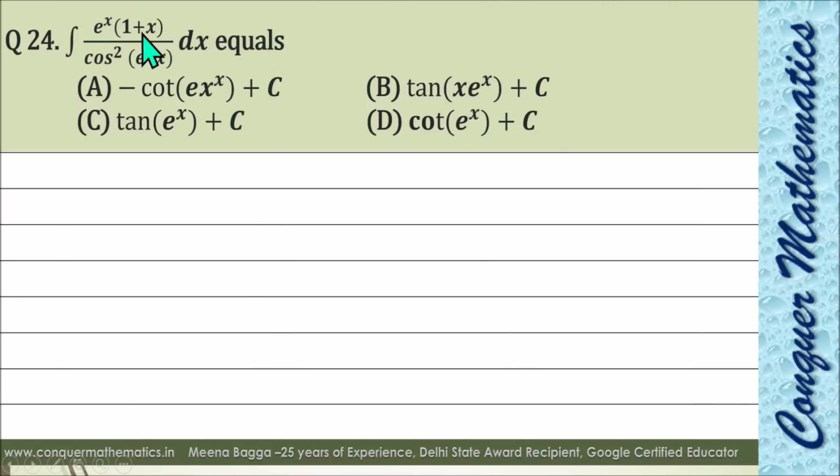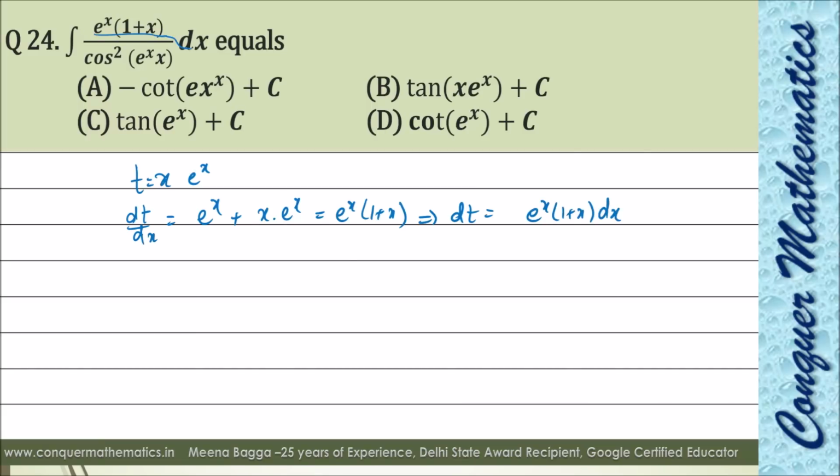Yes, e to the x into 1 plus x divided by cos square of x e to the x. Cos square of this complicated function. Let us just see, beta. If we put t as x e to the x, then the derivative of this with respect to x is e to the x plus x into e to the x, as the product rule we have to use. That means e to the x into 1 plus x. That means dt will be e to the x into 1 plus x dx, which is the numerator.